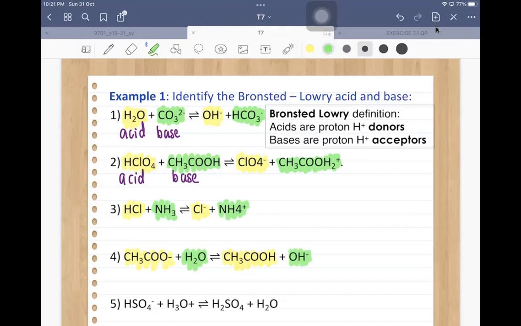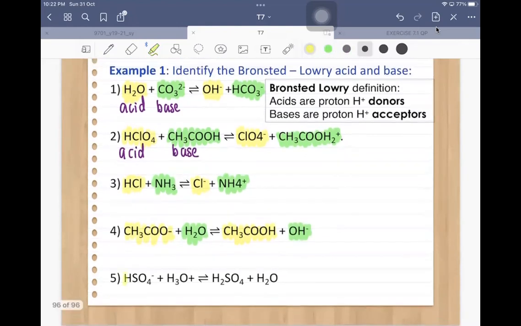Okay. Question 5. HSO4 minus has become H2SO4. H3O plus now becomes H2O. Okay, so I'll leave the next 3 questions, question 3, 4, and 5, for you to answer. And please put in your answers to these questions in the questionnaire in forms.